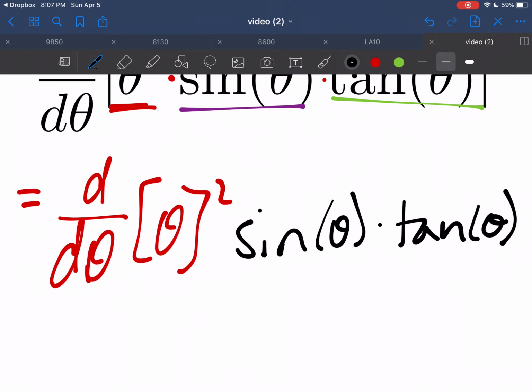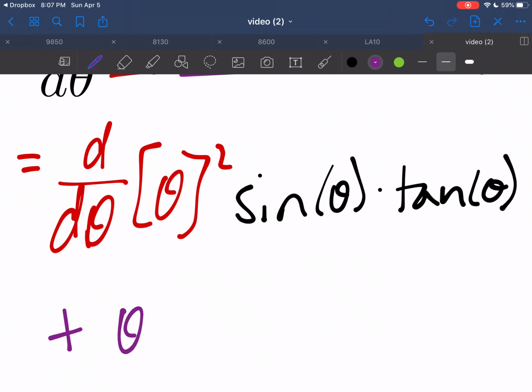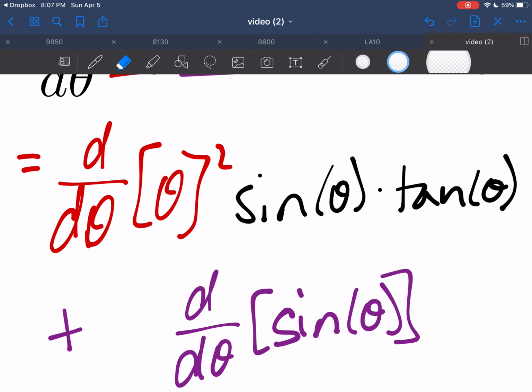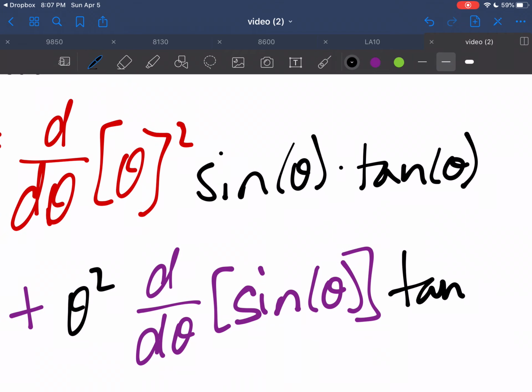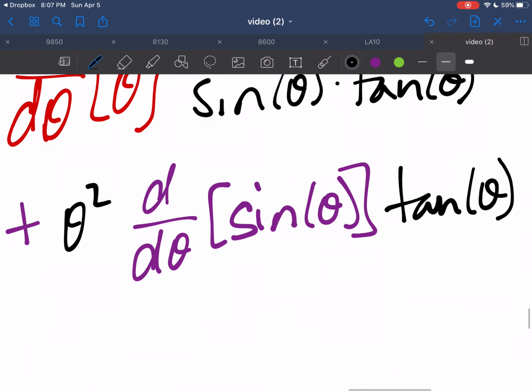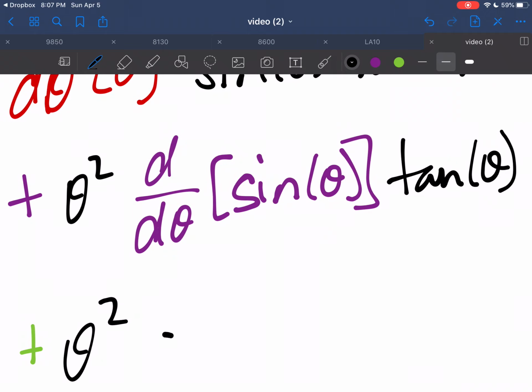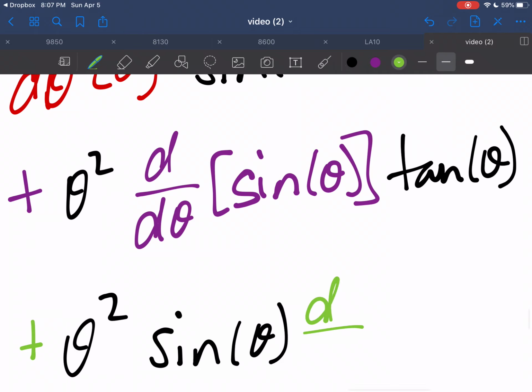Then it's that plus the original first times the derivative of the second term, and leave the third term. And then we take and leave the first two terms, and take the derivative of the third.